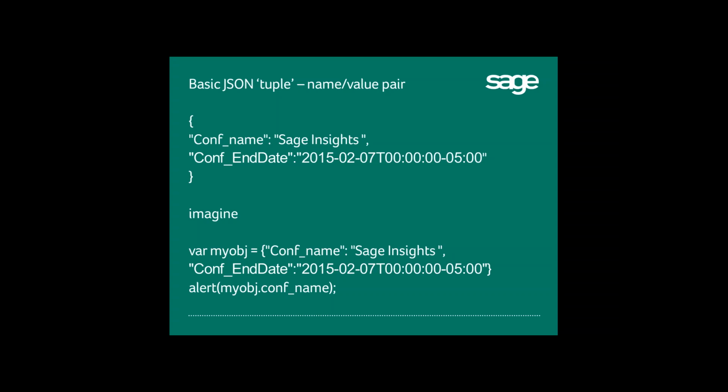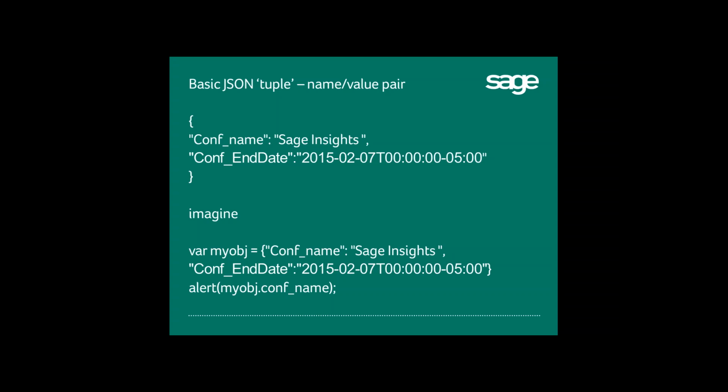This is just as if we had said var my object equals, and what we've got here is an object being defined within the braces as a series of associated arrays.